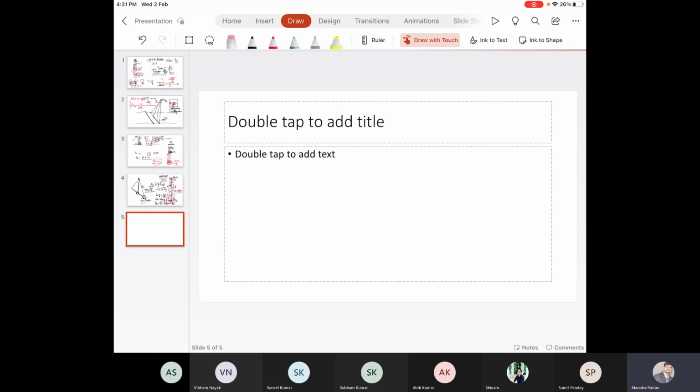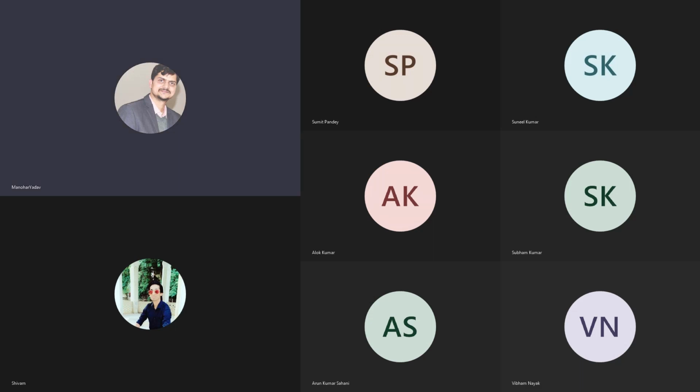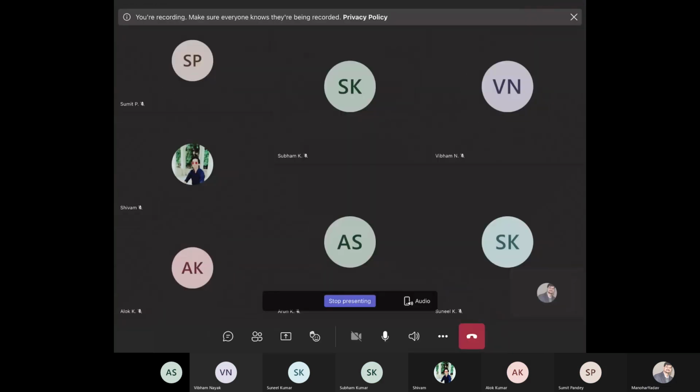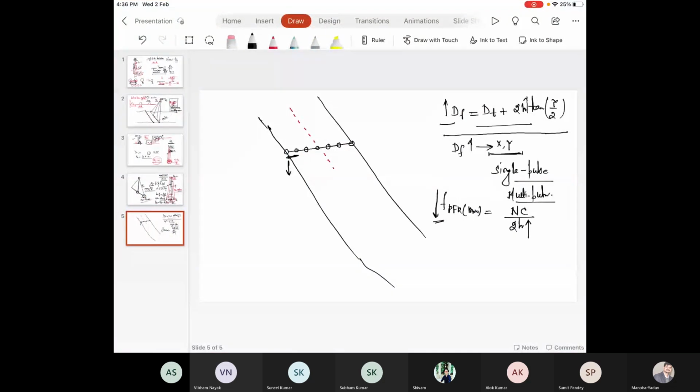Let me again share that slide. Yeah, Sumit, first of all, thanks for pointing this out. Okay, I hope now you can see the shared screen. Yes, sir.